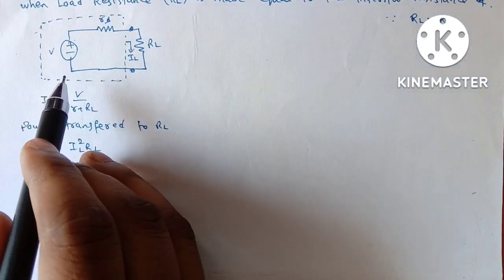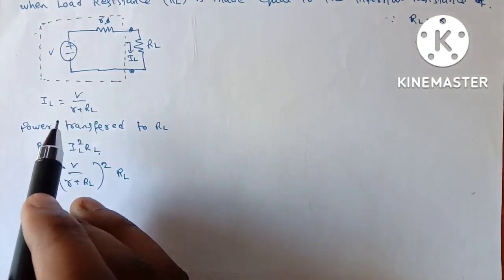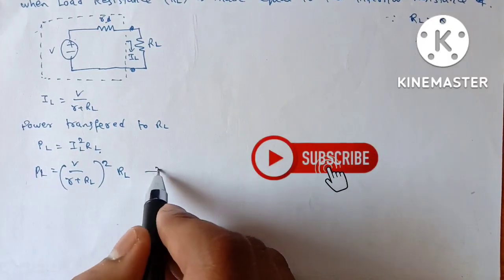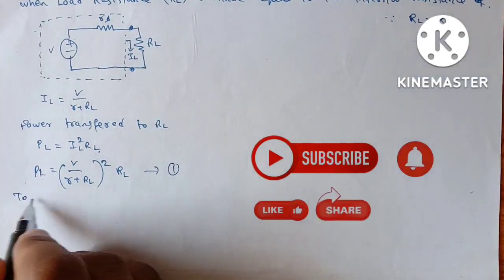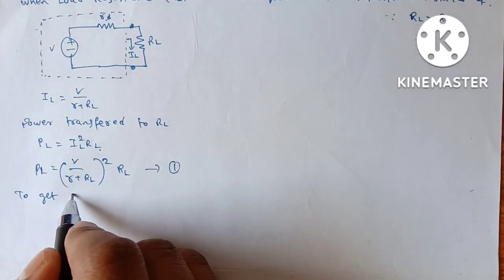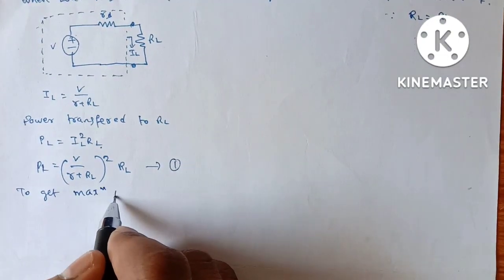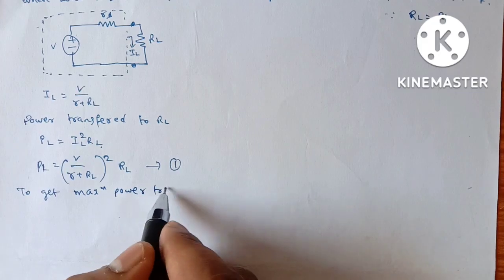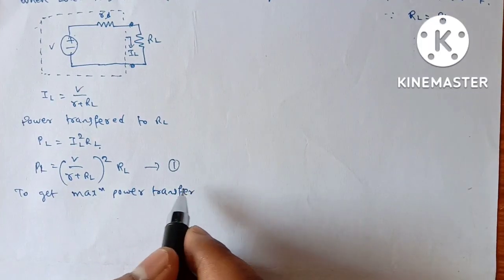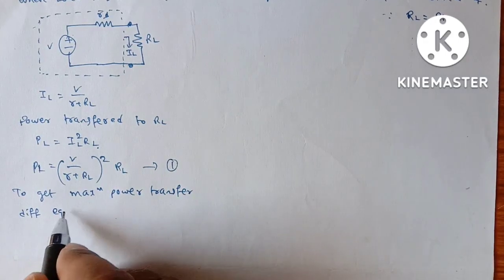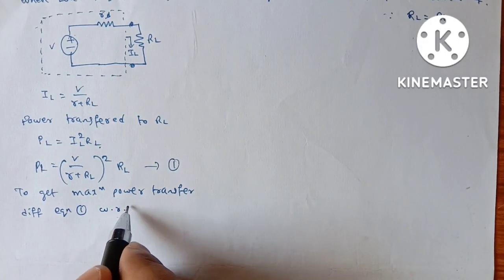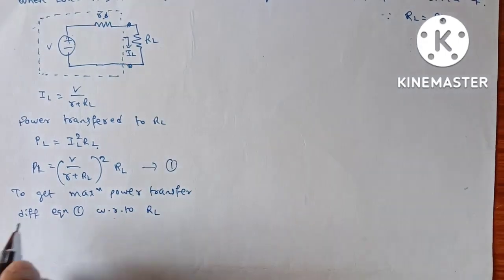To get maximum power transfer through the circuit, I am differentiating this equation 1 with respect to RL.